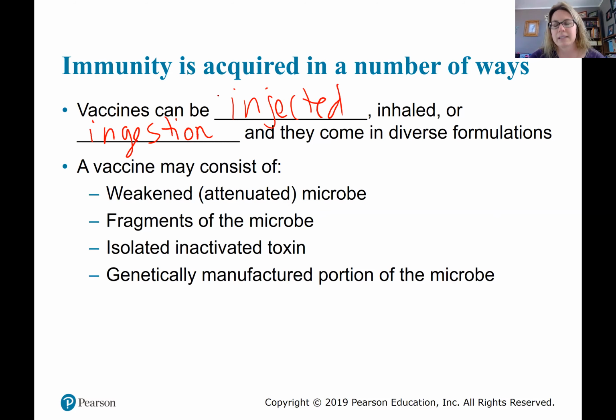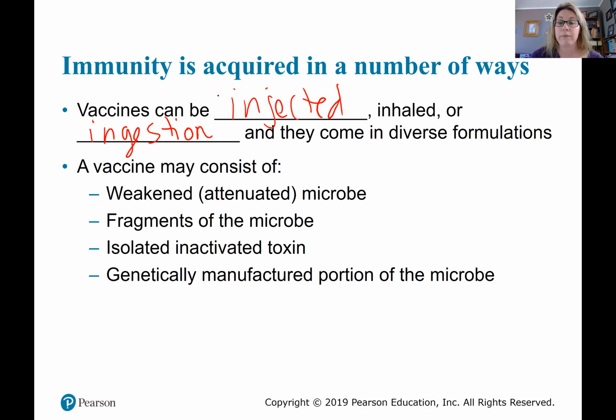The purpose of vaccination is that it provides an antigen to the patient. The patient's immune system, its T and B cells, recognize and fight off that infection and build memory. So that would be your primary immune response, right?